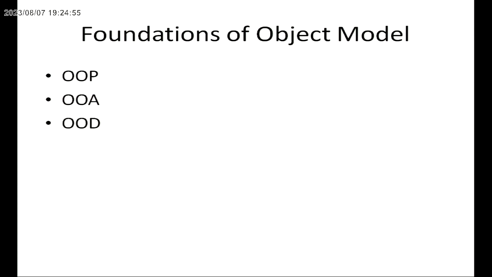In object-oriented programming, the object-oriented programming is a method of implementation in which programs are organized as cooperative collections of objects, each of which represents an instance of some class, and whose classes are all members of a hierarchy of classes united via inheritance relationships.